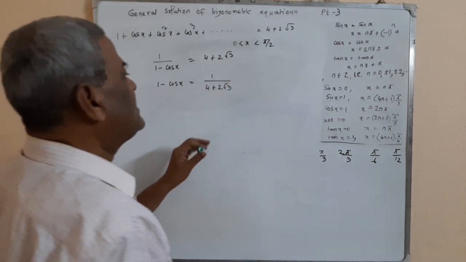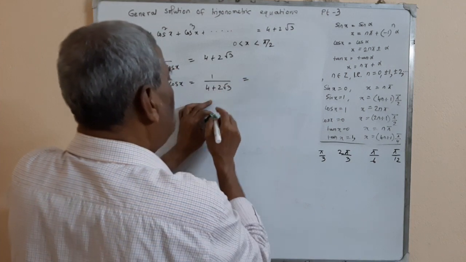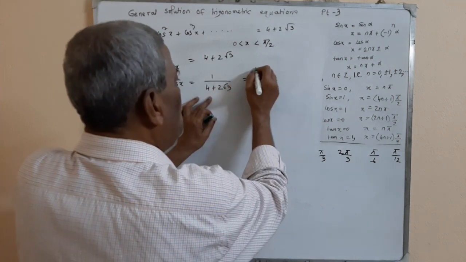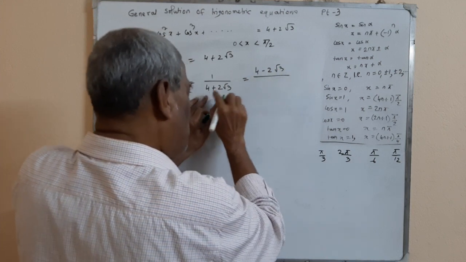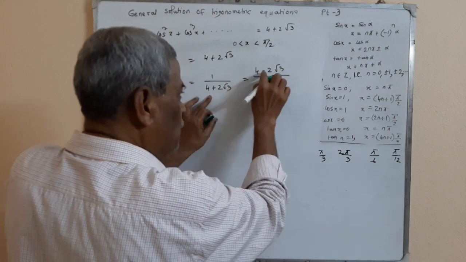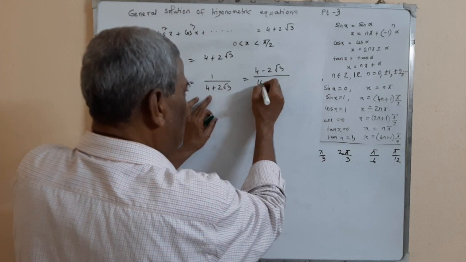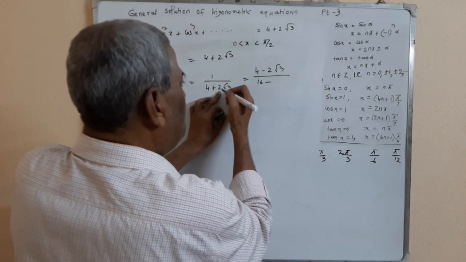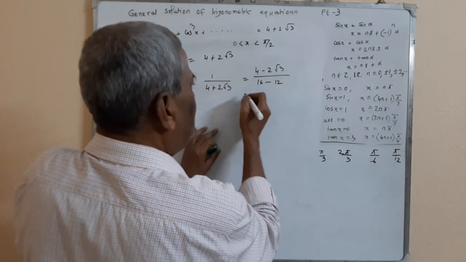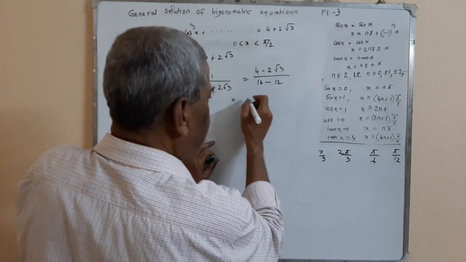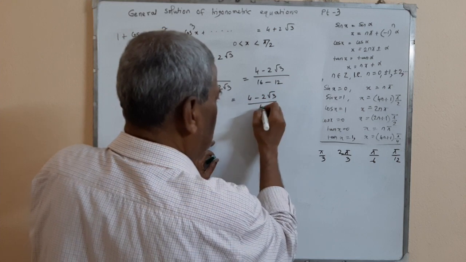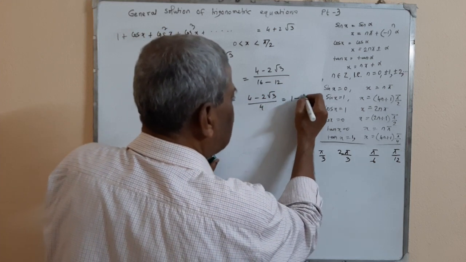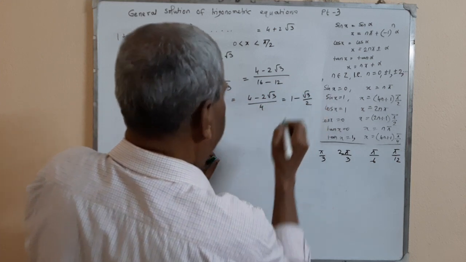Now multiplying its numerator and denominator by the conjugate, that is 4 minus 2 root 3, by 4 in this into that, that is 16 minus 4 into 3, 12, that is 4. This is equal to 4 minus 2 root 3 by 4, which is 1 minus root 3 by 2.